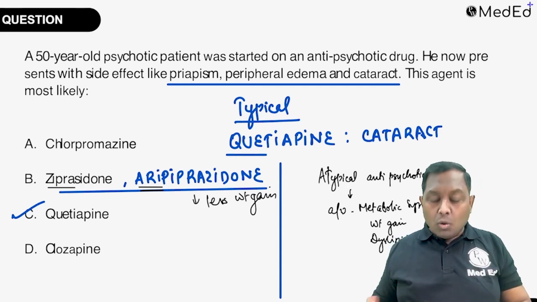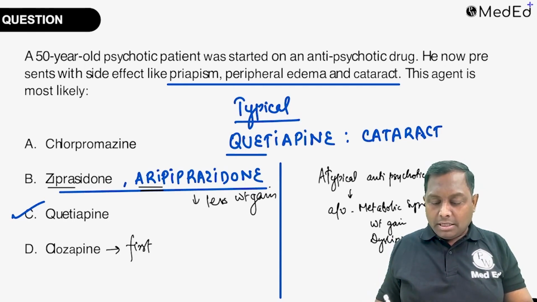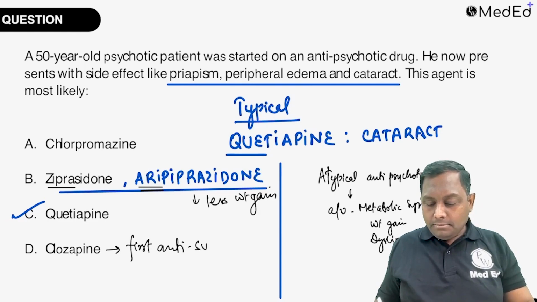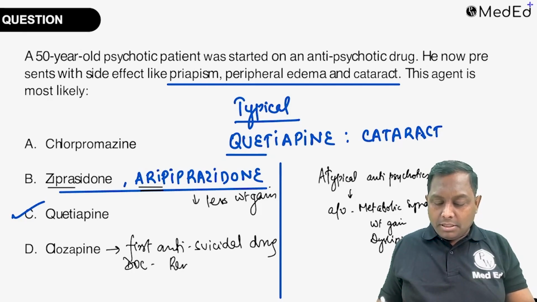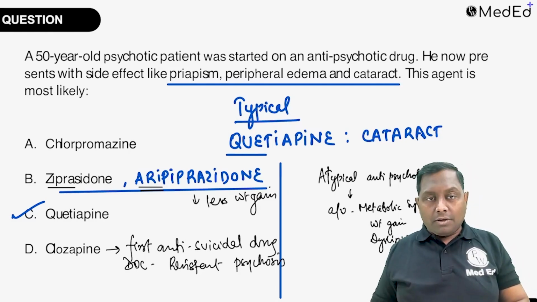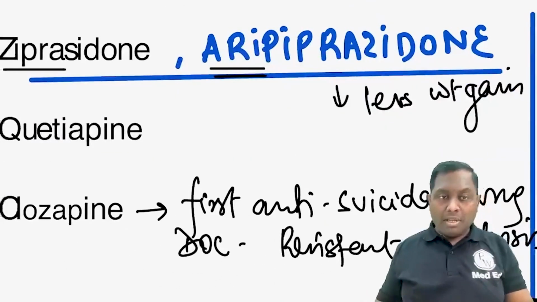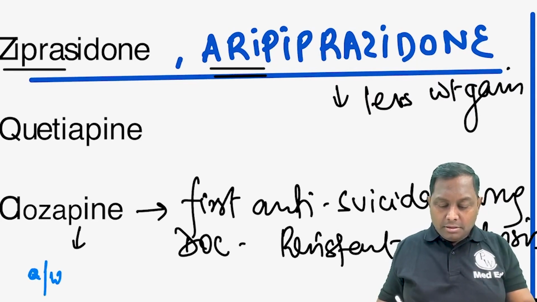Clozapine as a drug, remember, is the first antisuicidal drug. Clozapine is the drug of choice in a patient with resistant psychosis, and clozapine is also associated with a very important side effect like agranulocytosis.